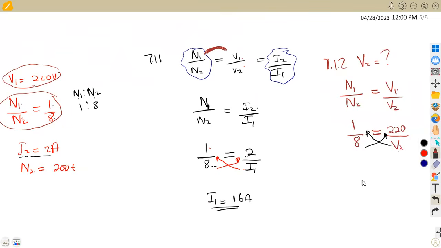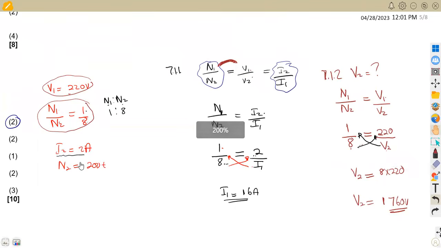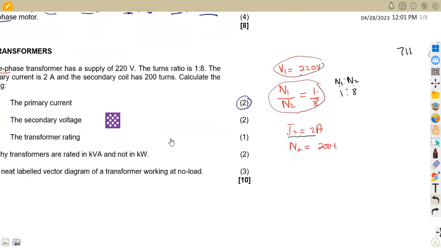So V2 times 1, that's V2 in this case, is going to be equal to 8 times 220. If you cross multiply, we have 8 times 220, these two multiply. So that means our V2 is going to give us 1,760 volts. So that's what we have on our V2 in this case. All right, so move on.